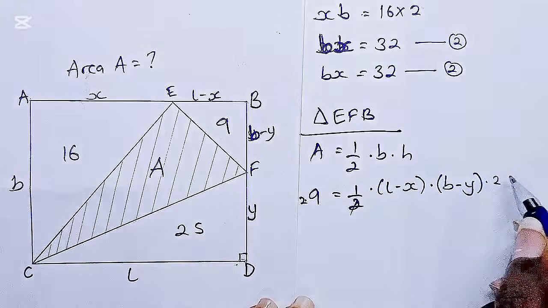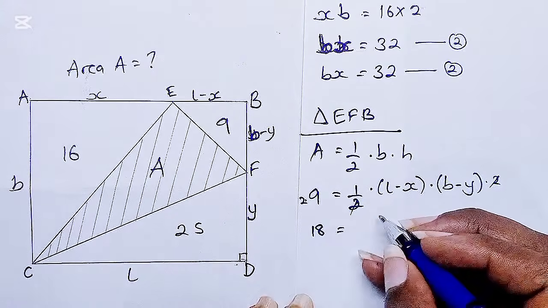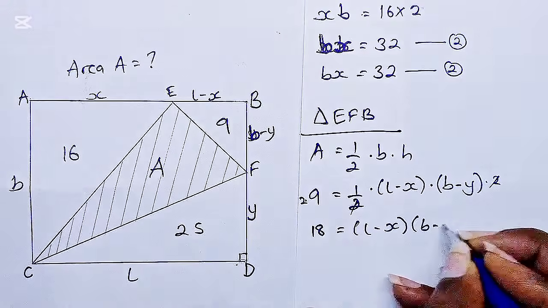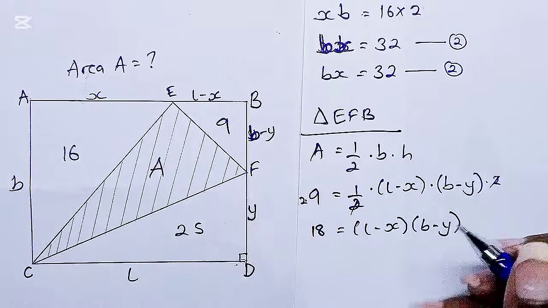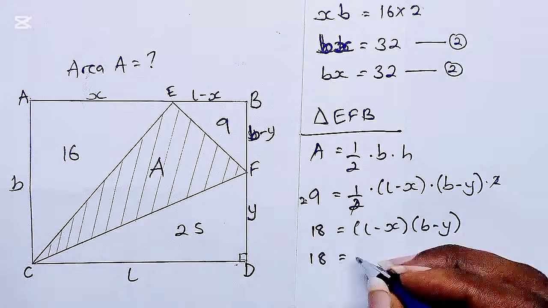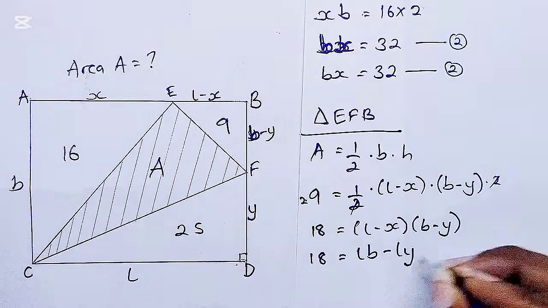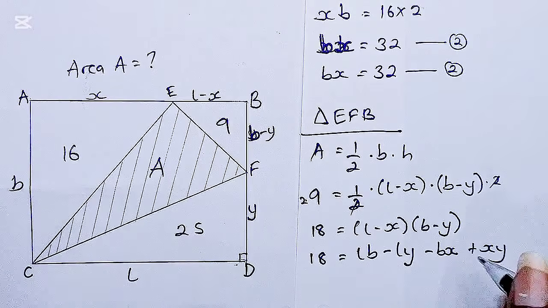This cancels, so 2 times 9 is 18. 18 is equal to L minus X times B minus Y. When you expand this, you get LB minus LY minus BX plus XY.